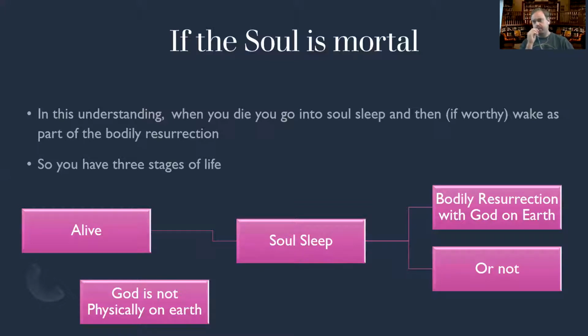Whether or not you're cremated, whether or not you're buried, whether or not you have all your limbs, that itself does not matter, because if God can conquer death, he can conquer whatever might have happened to your body. Okay. That has been a major move, though, over the last 300 years.